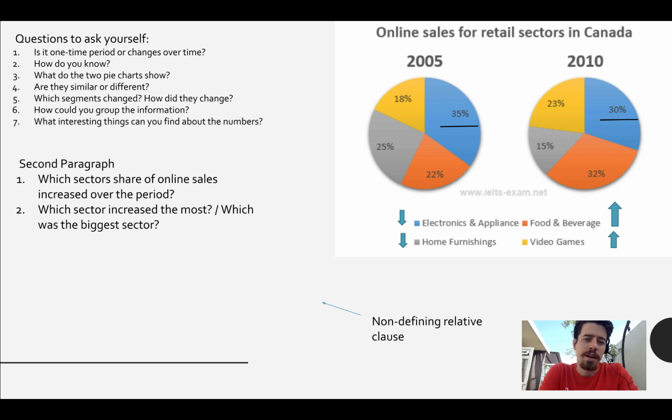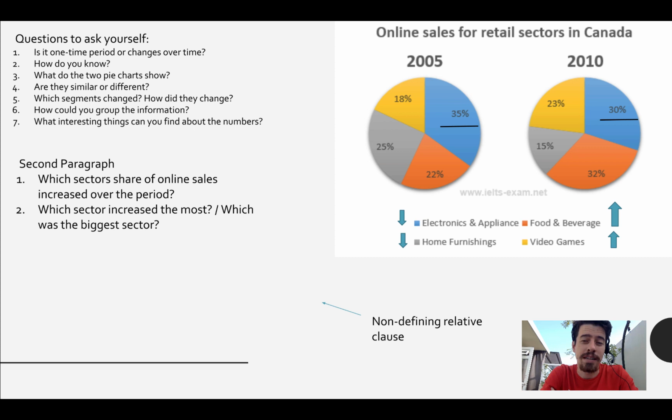Each paragraph should be about 50 to 60 words. So roughly that will be 4 to 5 sentences. So write a paragraph about which sectors increase their market share for online sales between 2005 and 2010.